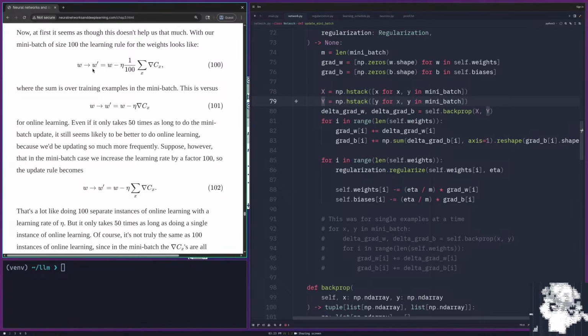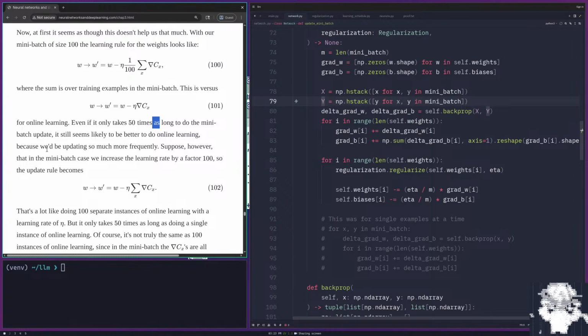This is versus W goes to W prime equals W minus eta times the gradient of the cost function on an example, X being one example, for online learning. Even if it only takes 50 times as long to do the mini batch update, it still seems likely to be better to do online learning.